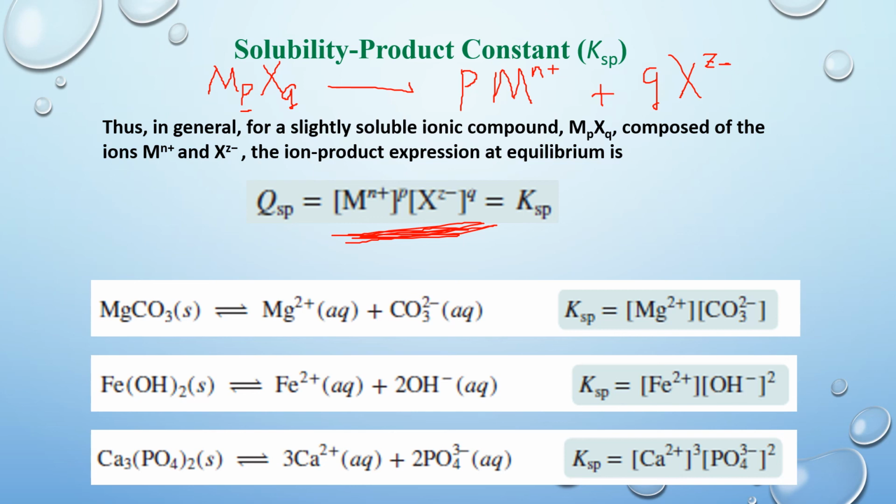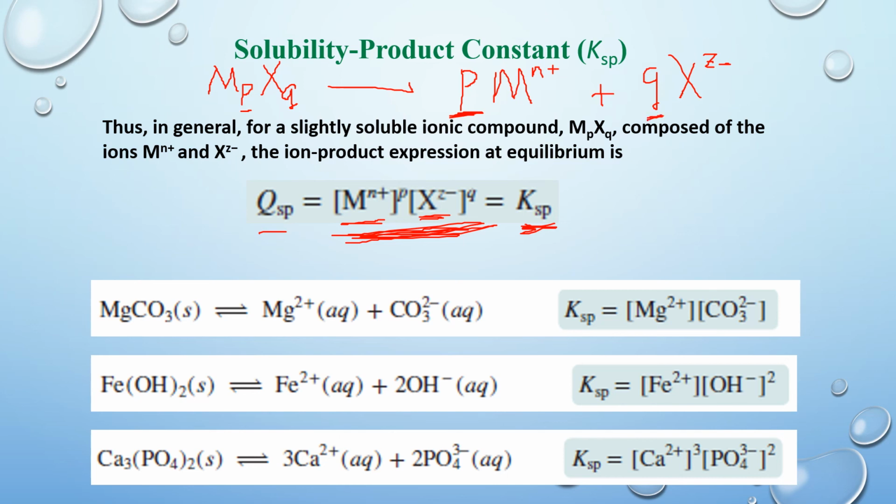So the Qsp or the Ksp, when they're equal at equilibrium, will equal the concentration of the metal cation, with the exponent being the coefficient in the equation, times the concentration of the anion to the exponent of its coefficient in the equation.